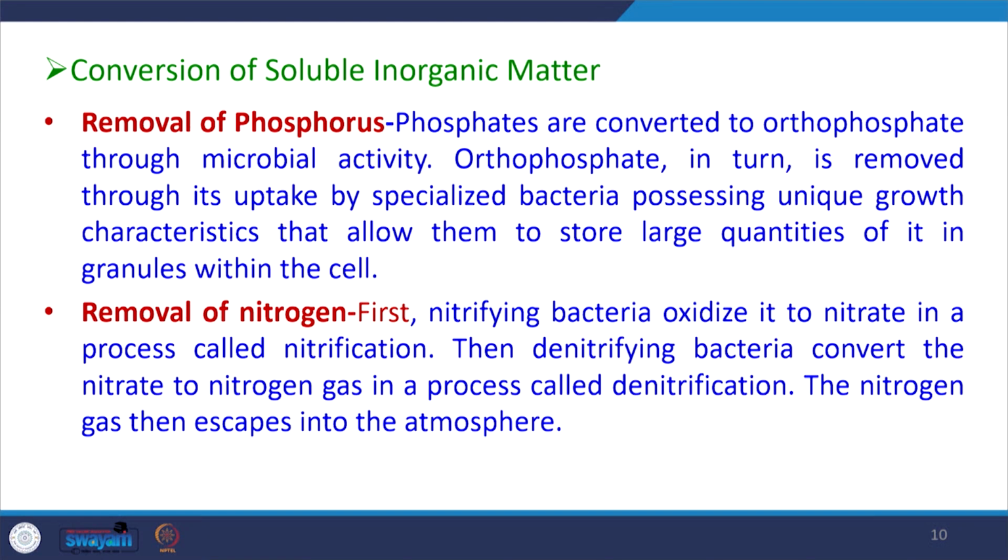Now, conversion of soluble inorganic matter. We have discussed soluble organic matter, now soluble inorganic matter. What happens to these? Within this we can consider phosphorus and nitrogen. Phosphorus, which may be present in the form of phosphates, is converted into orthophosphate through microbial activity.